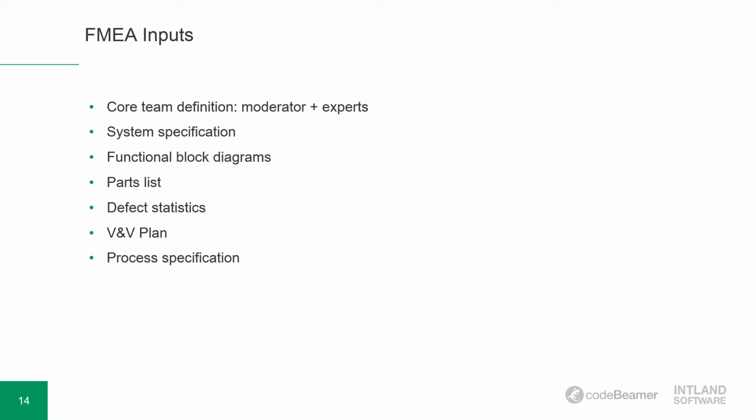What do you need as an input when you're performing an analysis? Well, first you have to define your team. You want to have a moderator for it, which could be an external or internal moderator. It has pros and cons. And then you would need experts from all relevant groups.